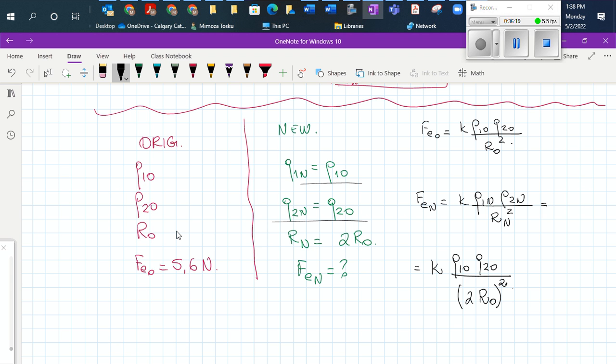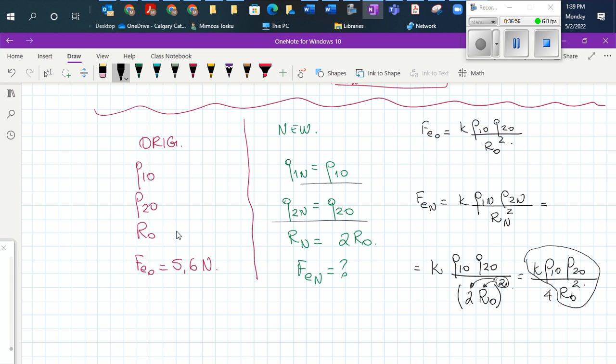The mistake that the students do on this case, and this is why I'm doing only this change, is that they don't use the brackets, because this to the power of 2 is affecting the factor in which the radius is changing and the r to the power of 2. So this will be the same as saying K, Q1 original, Q2 original over 4, because 2 to the power of 2 is 4, times distance original squared.